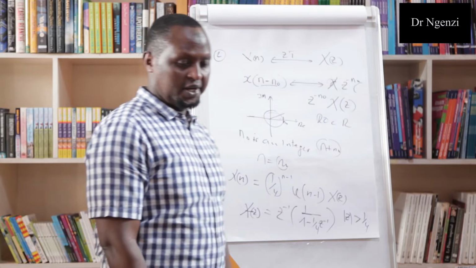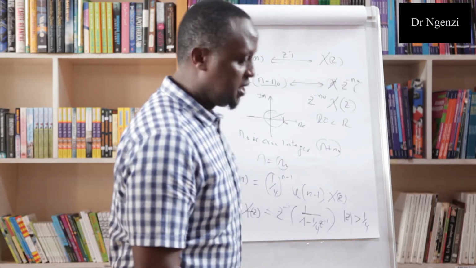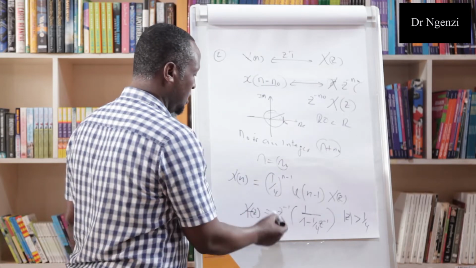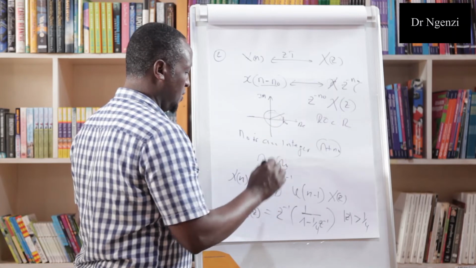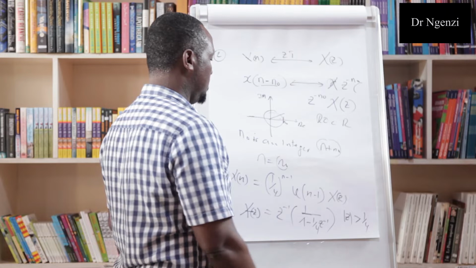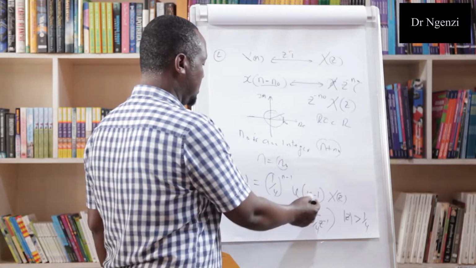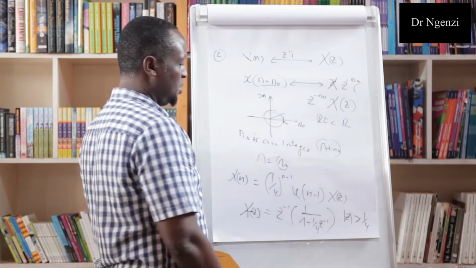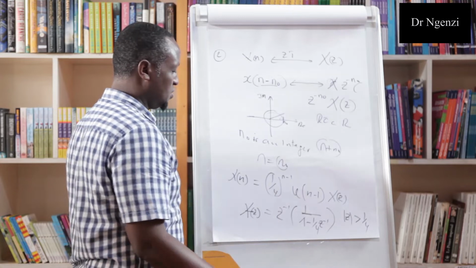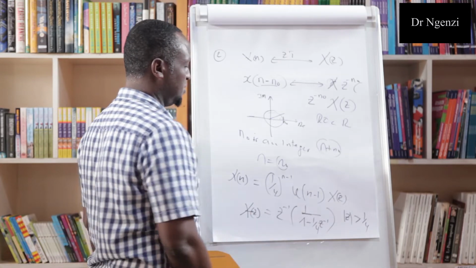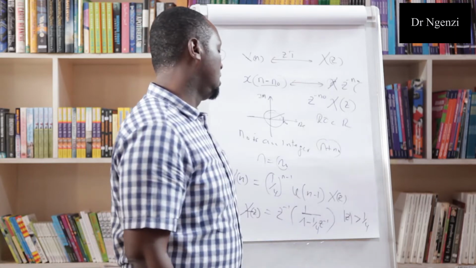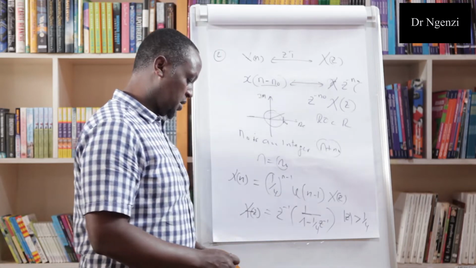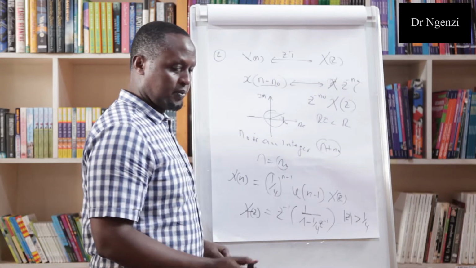So that is a very simple example. The reason being, you can see here it is going to be 1 over 1 minus z. Then when multiplying, this one is going to be exponential, then nothing else. So here you can see there are two values. So we are going to calculate at z less than a quarter.